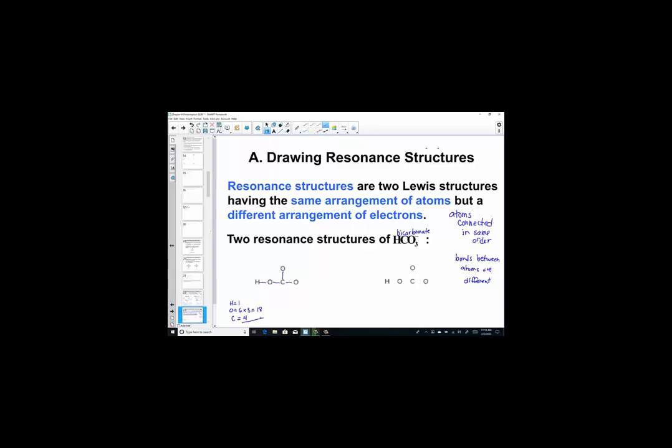And don't forget, the -1 charge means we get to add an extra electron. So that's 18, 19, 24 dots. And when we did this, we used 8. That leaves us 6 dots remaining.